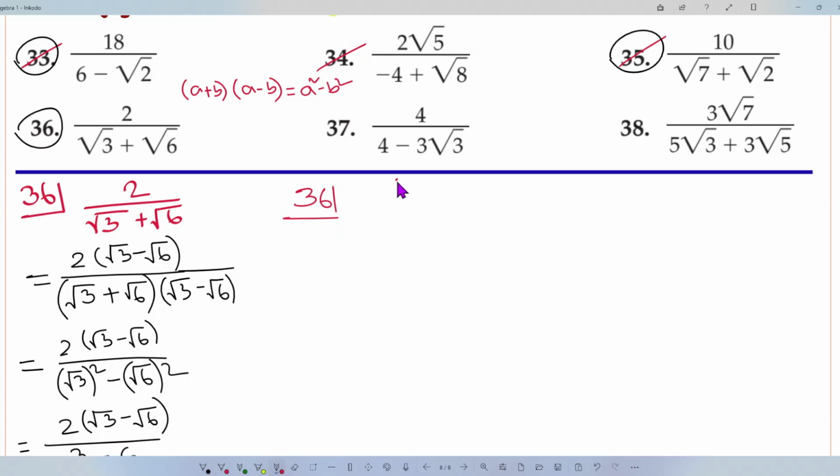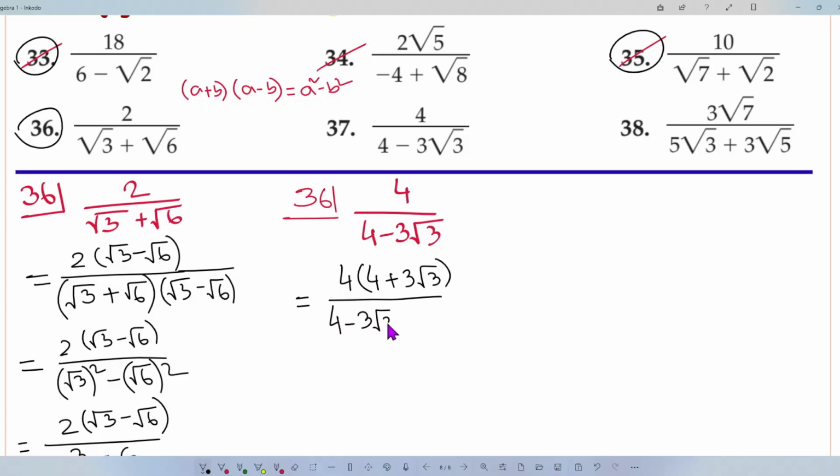So here is 4 divided by 4 minus 3 root 3. Okay, so this one also, first our target is to omit the root sign in the denominator, so we will multiply this fraction by 4 plus 3 root 3 divided by 4 minus 3 root 3 times 4 plus 3 root 3.